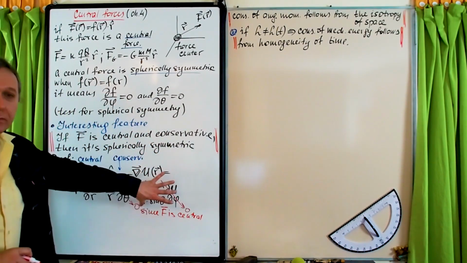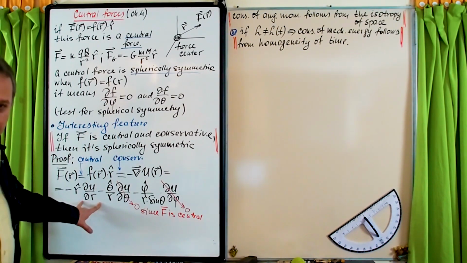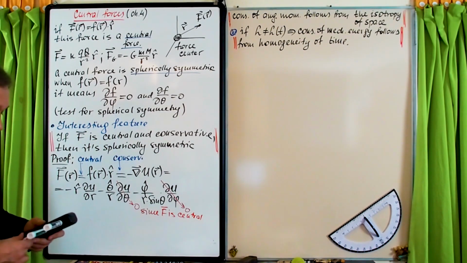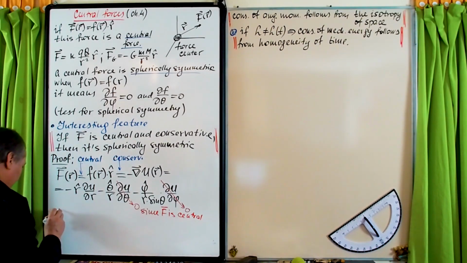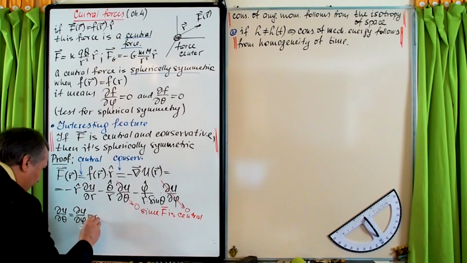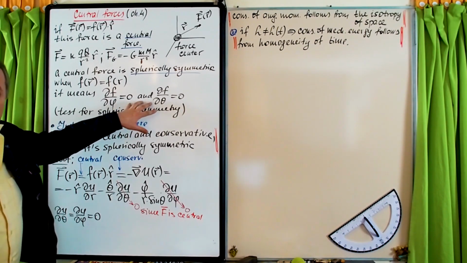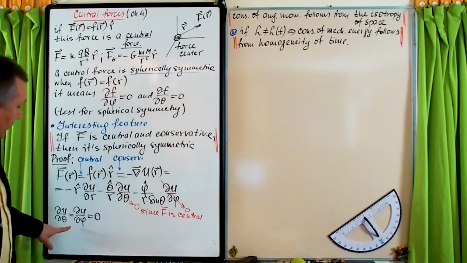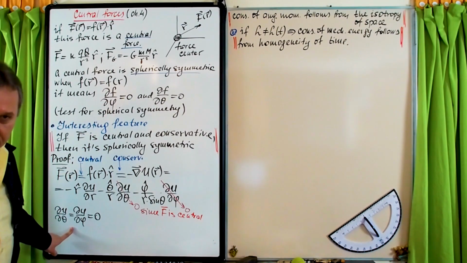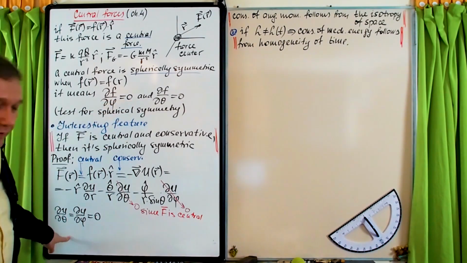So these terms must not be there. We must have only this term. So dU over d theta equals dU over d phi equals 0. And that's basically our test to convince ourselves that the function, in this case not F but the function U, is spherically symmetric.